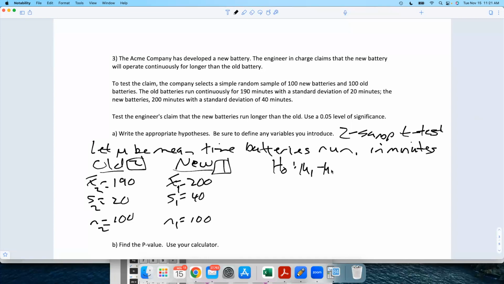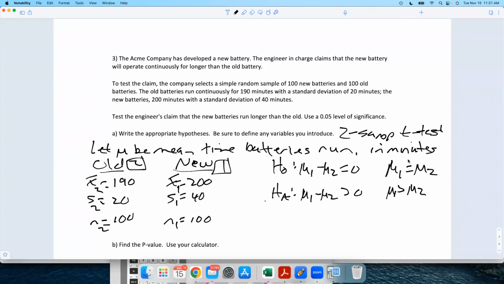Mu1 minus mu2 equals 0. Sometimes we'll write that mu1 equals mu2, means the same thing. And then the alternative, mu1 minus mu2 is greater than 0. Or another way to write that, mu1 is bigger than mu2.